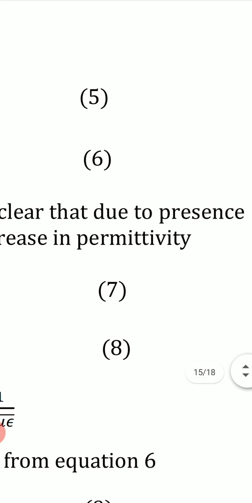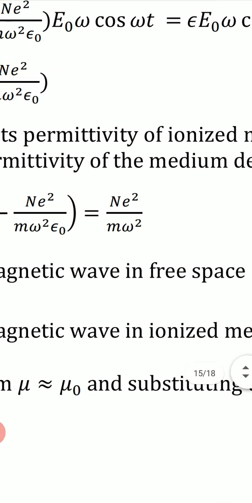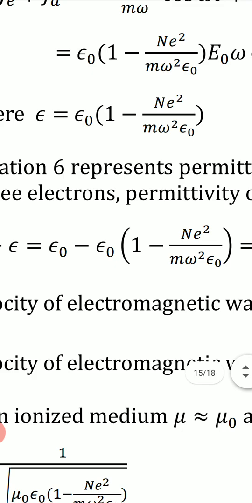It is clear that due to the presence of free electrons, the permittivity of the medium decreases. From this relation, it is clear that epsilon is less than epsilon 0, because on the right hand side we have epsilon 0 into 1 minus something. So epsilon is less than epsilon 0.